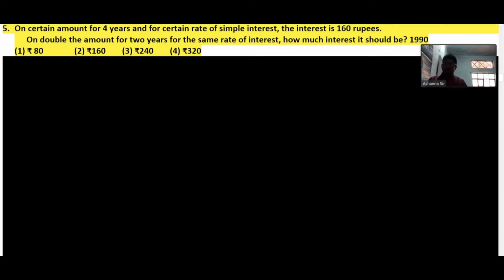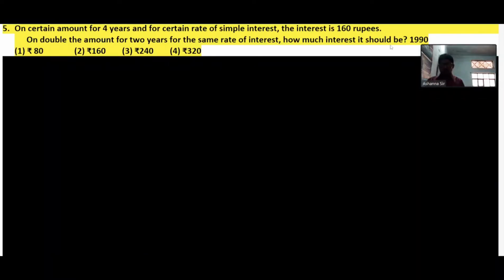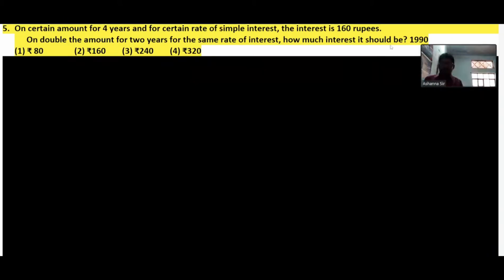Next question number 5. On a certain amount for 4 years and for a certain rate of simple interest, the interest is 160 rupees. On double the amount for 2 years for the same rate of interest, how much interest should it be? For questions like these we use the formula IPTR.